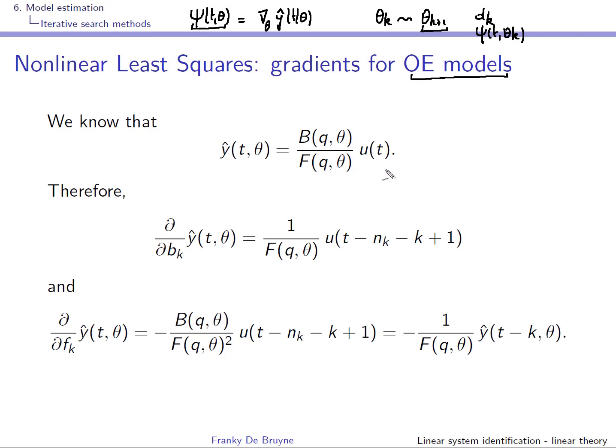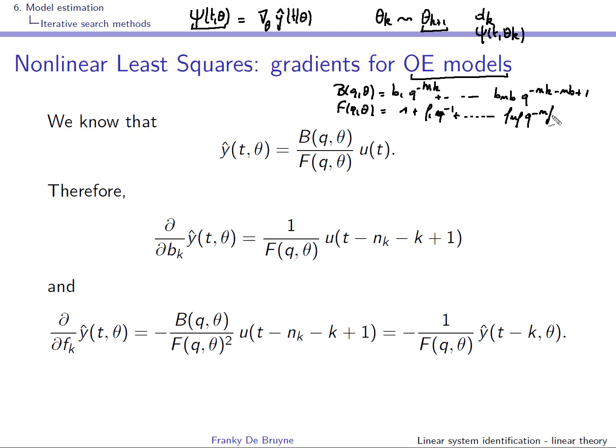So for output error models, the predictor is given as follows, where B(q, theta) is b1 q^(-nk) up to b_nb q^(-nk-nb+1), and here F is 1 plus f1 q^(-1) plus up to f_nf q^(-nf).